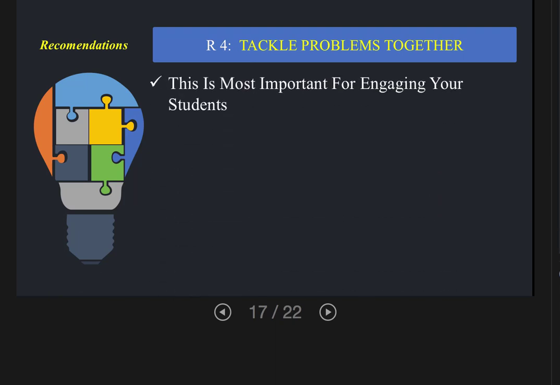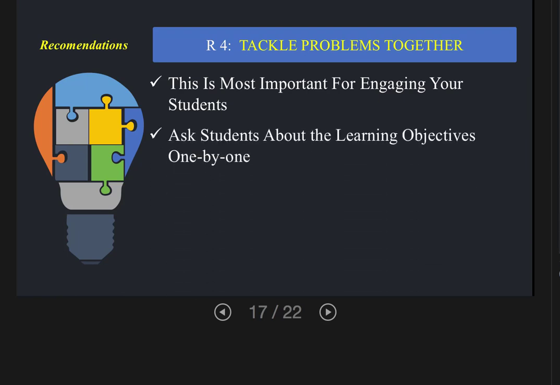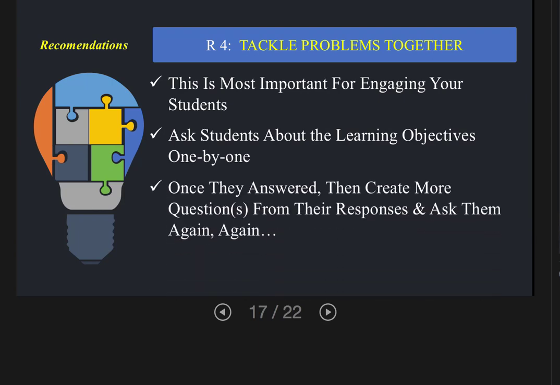Tackling problems together. Ask students about the learning objectives one by one, which you have on the board, you have on your screen, I am hoping. And once they answer, then create more questions from the responses and ask again and again. Not just ask, get an answer, from that answer create a new question and instant question. Each time ask a different student critical thinking.